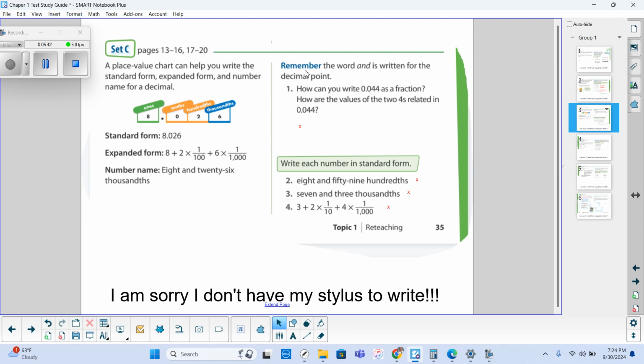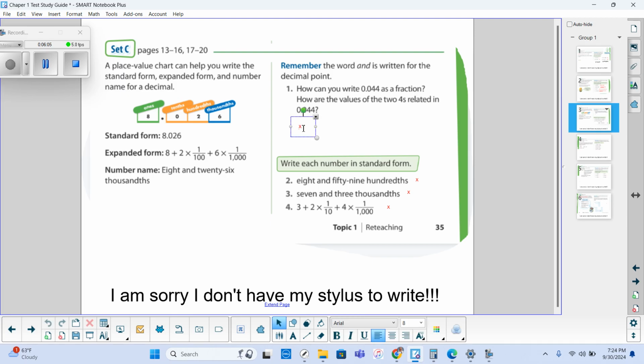All right. Write the word and is written for the decimal point. So they want you to use the word and to represent the part that goes for the decimal point. So how can we write 0.044 as a fraction?